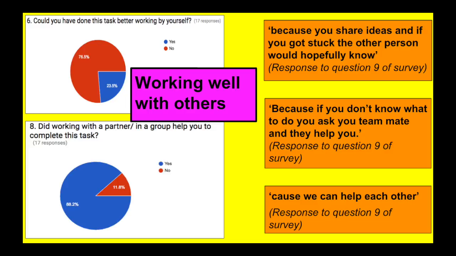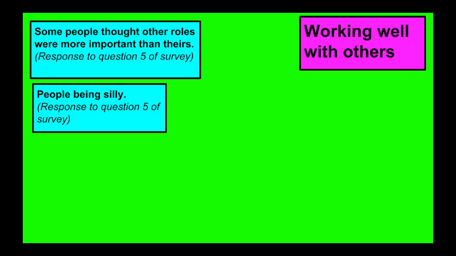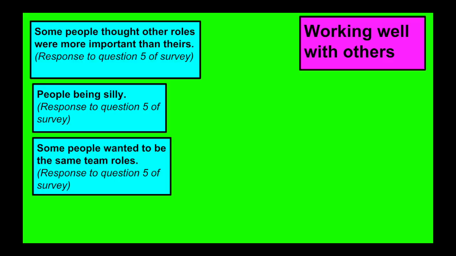The task did not suit everyone though, as shown on the previous slide, as 11.8% of students felt that they would have worked better by themselves. These were some of their answers. Some people thought other roles were more important than theirs. People were being silly.